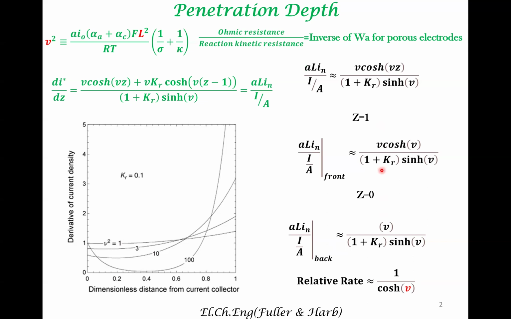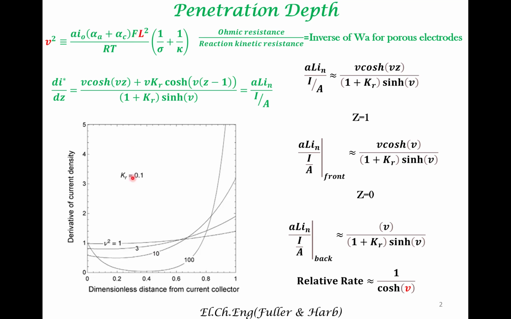And when you divide this by this, this is the expression you get. So if this is 50%, that helps me get an idea of what nu is. Once you know nu, you can use this expression to connect nu squared to the thickness of the porous electrode. That particular thickness, in this case, we will refer to as the penetration depth.